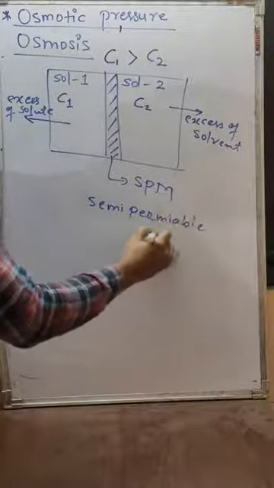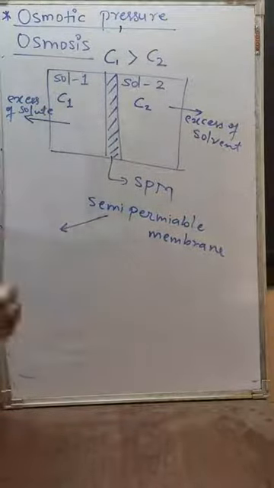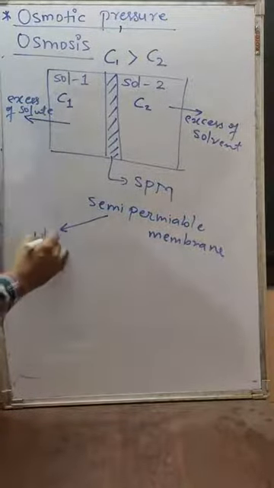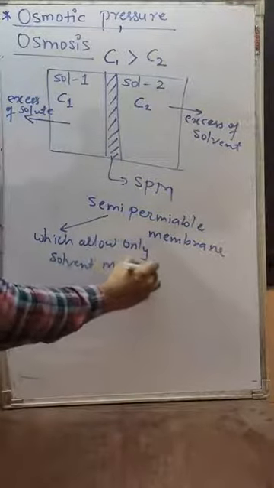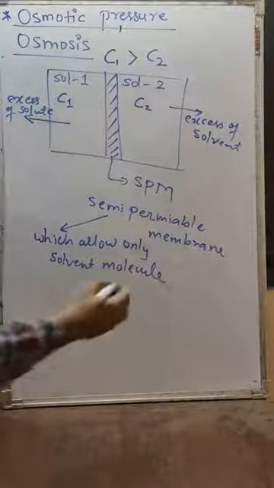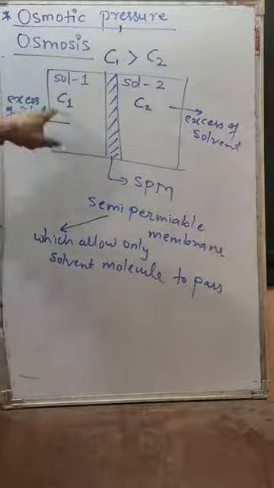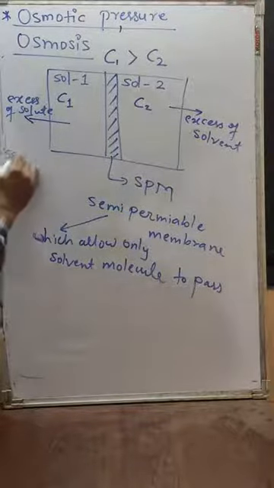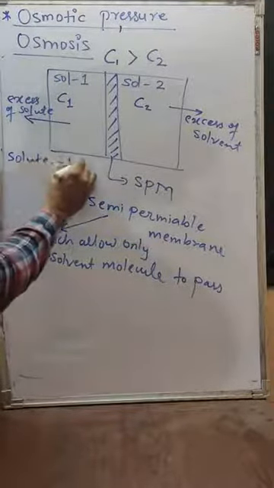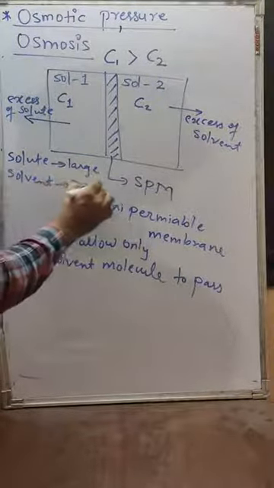Semi-permeable membrane means half permeable, which allows only solvent molecules to pass, because solid particles are larger in size and solvent are smaller.